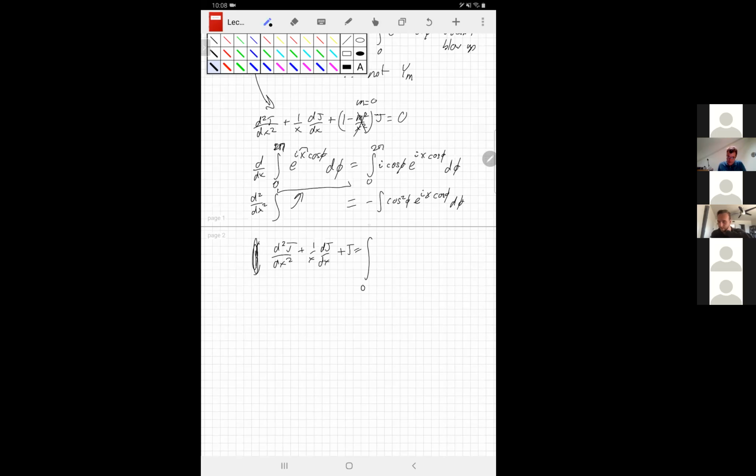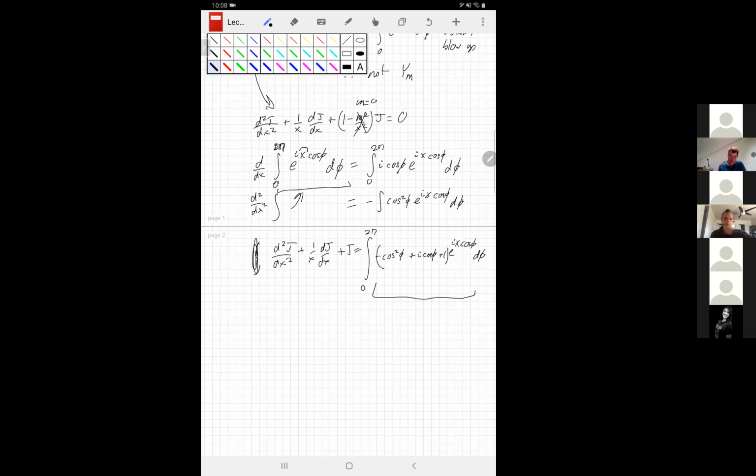So I'm just going to put everything inside. I'm adding up 3 integrals, so I'm going to get minus cosine squared phi plus I cosine phi plus 1 e to the I x cosine phi d phi.